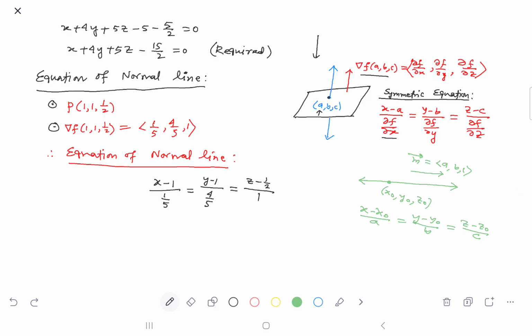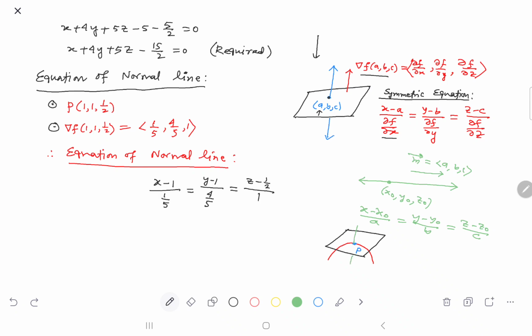Okay, normal line means what? Normal line means you have a surface, you have a point P on the surface, and here you have the tangent plane. This is the tangent plane, right? The gradient will give you the normal.